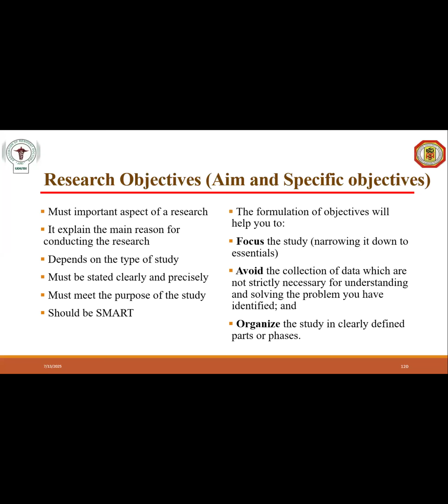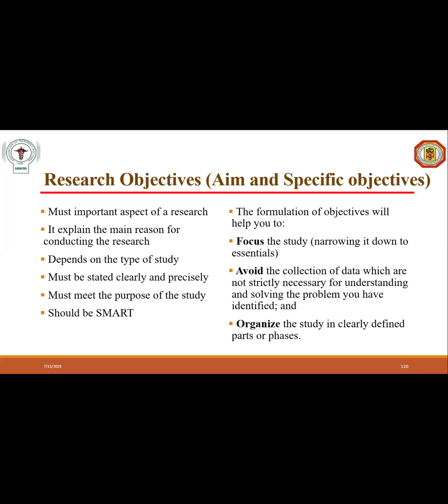Then after the aim, you will have specific objectives. The specific objectives are what you will now derive from the aim. For example, the main aim is to identify the practice of IPC among primary healthcare workers. So in my specific objectives, I can say, what is the knowledge of primary healthcare workers on IPC?